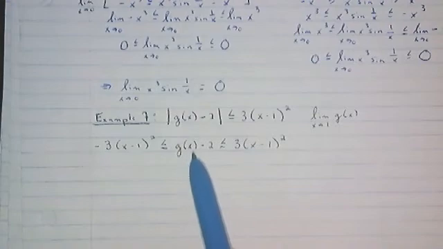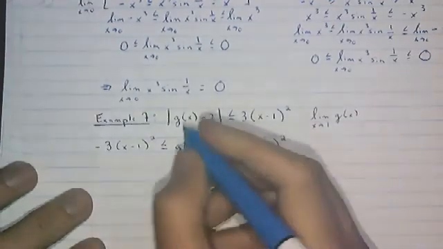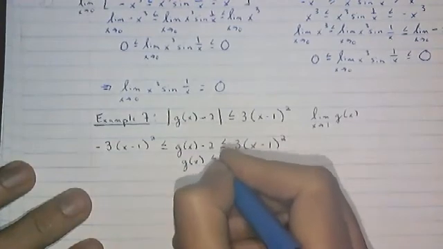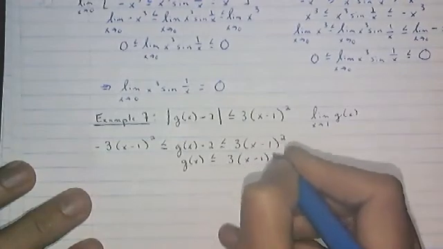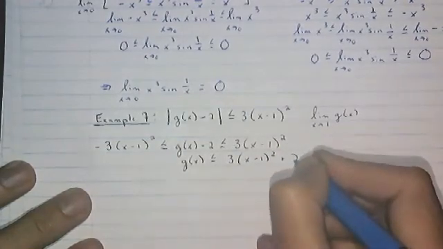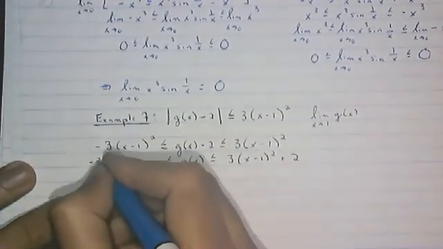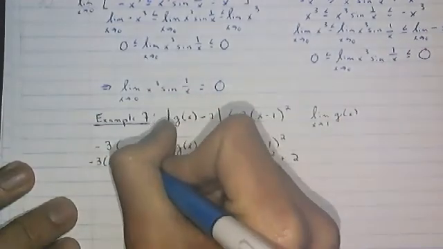Well, they're asking us for the limit of g of x, and I currently have g of x minus 2. Let's just rearrange. We add 2 to both sides. We'll have g of x is less than or equal to 3 times (x minus 1) squared plus 2, which must be greater than the opposite of 3 times (x minus 1) squared plus 2.